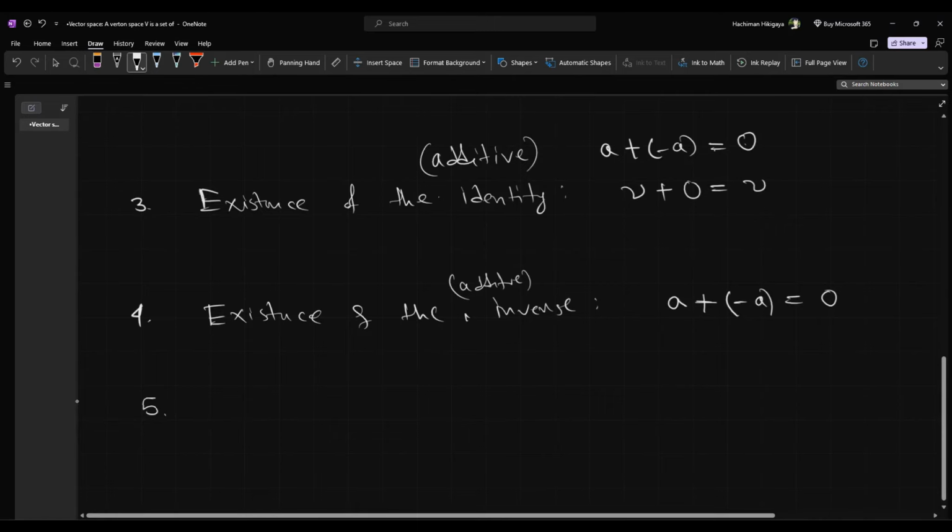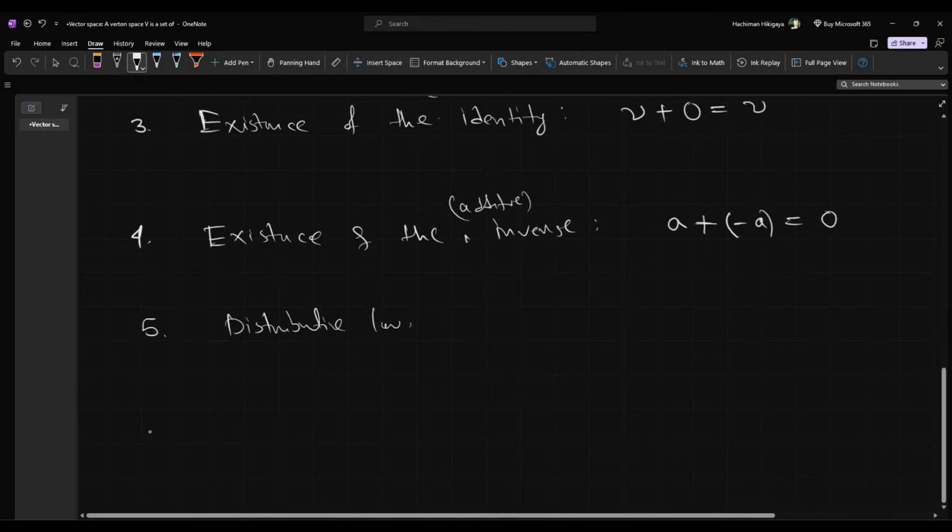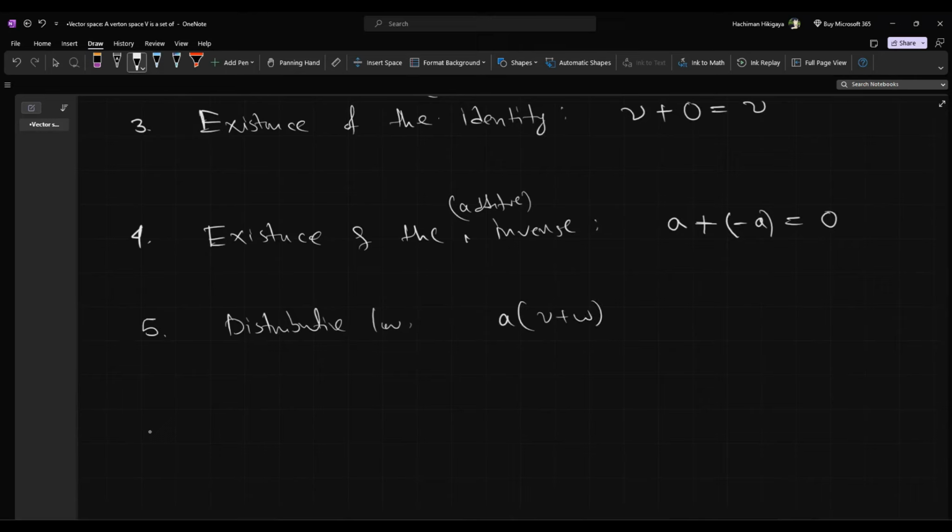Then the distributive law. Here a is a scalar, or maybe c.